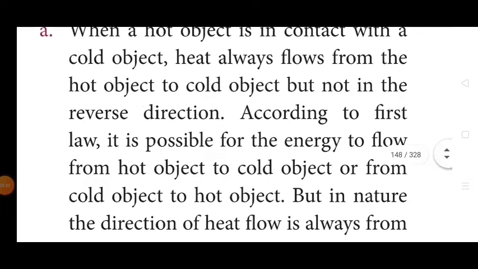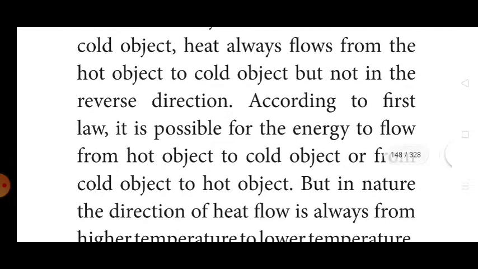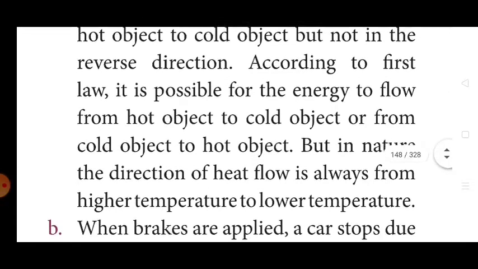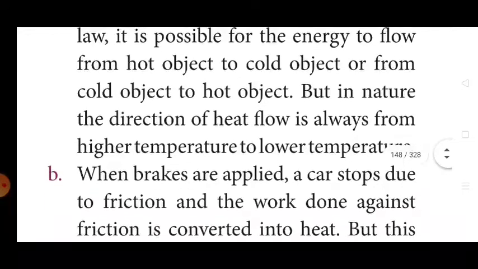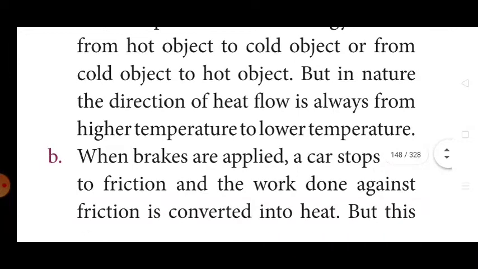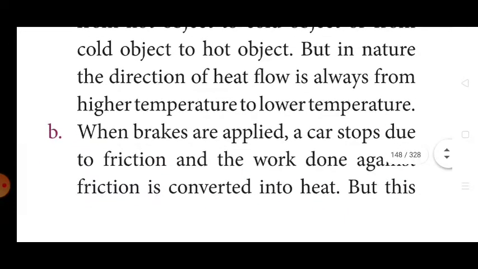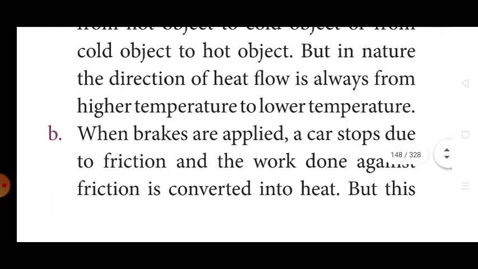According to the first law, it is possible for energy to flow from a hot object to a cold object or from a cold object to a hot object. But in nature, the direction of heat flow is always from higher temperature to lower temperature.